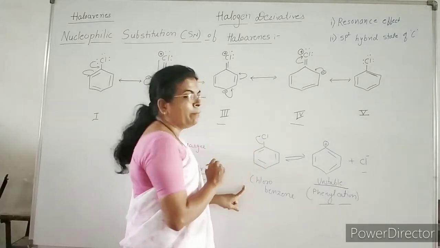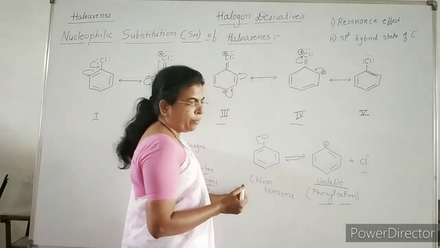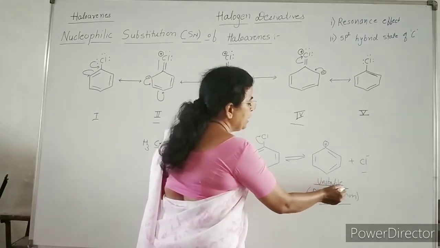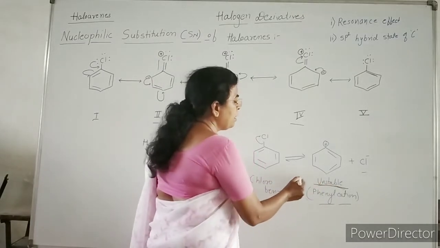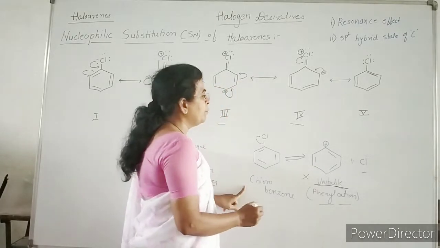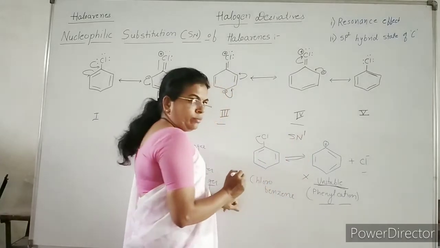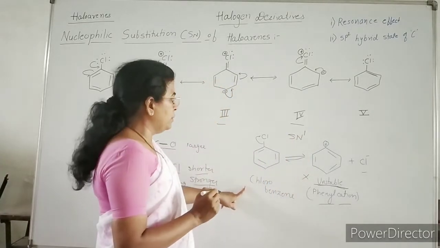Automatically this carbon atom becomes positively charged. Now this phenyl cation is formed. This phenyl cation is unstable and cannot be stabilized. Therefore, it does not undergo SN1 reaction.